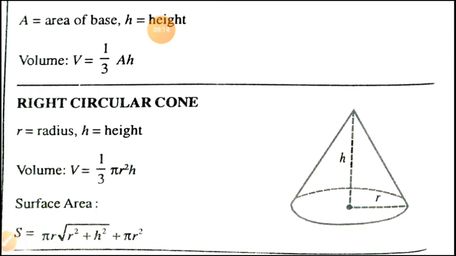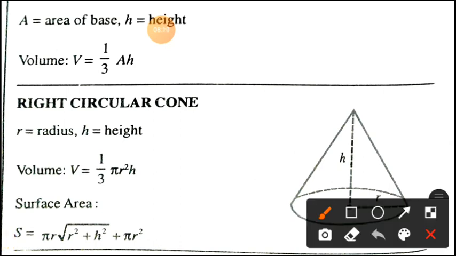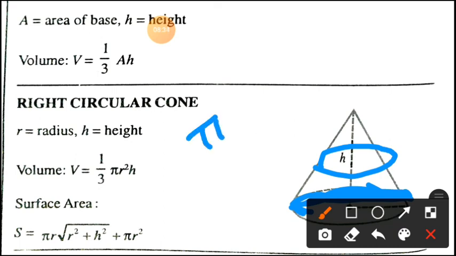For the surface area, it has a curved surface area and a bottom part. The bottom part is in a circular shape, so pi r square is the area of that circle.